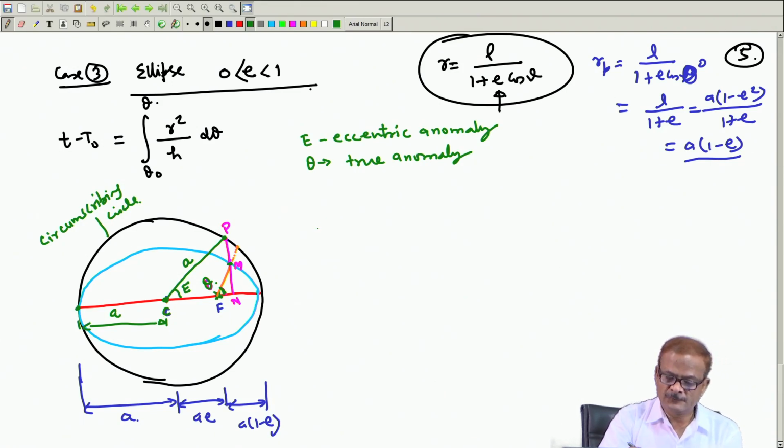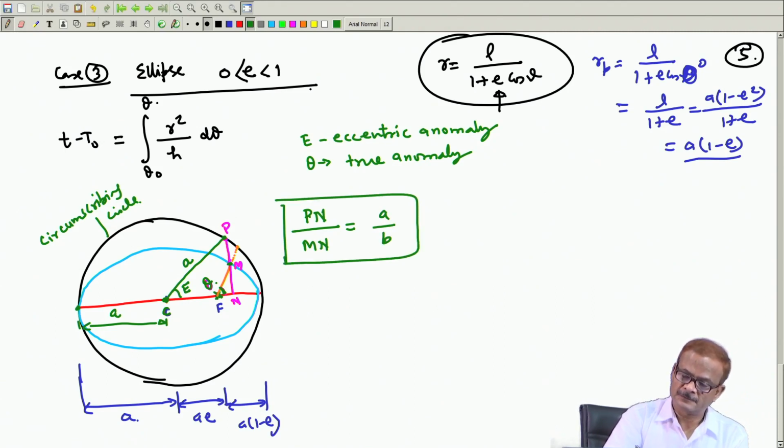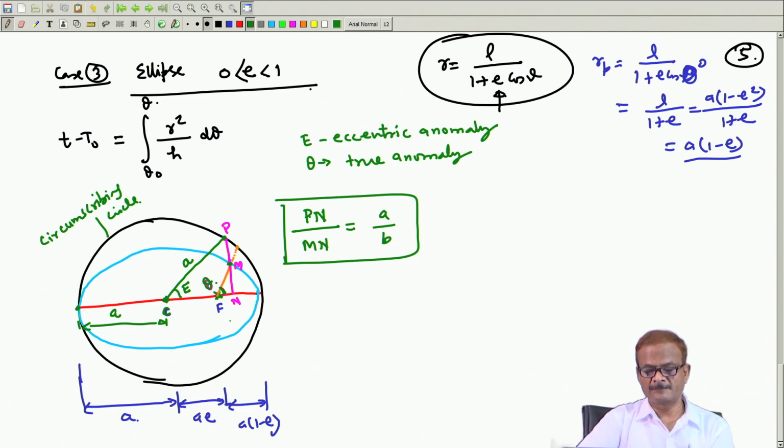Now, we use a property of the auxiliary circle and the ellipse, which we write as Pn divided by Mn equal to a by b. This is the special property of this circumscribing circle.